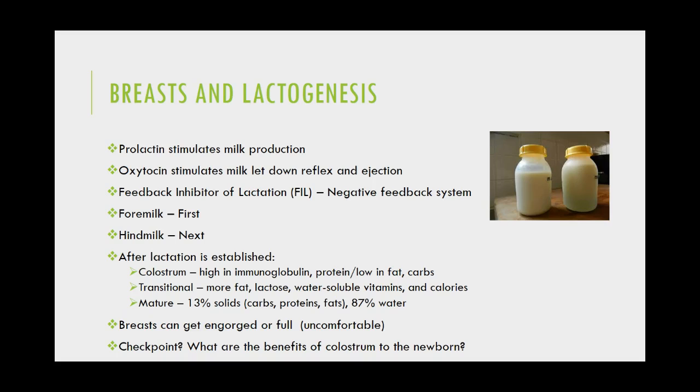Transitional milk, so that milk that happens in the body between colostrum and mature milk, has more fat, it has lactose, some water-soluble vitamins, and calories. And then mature milk is about 13% solids, so carbs, proteins, fats, and then about 87% water.